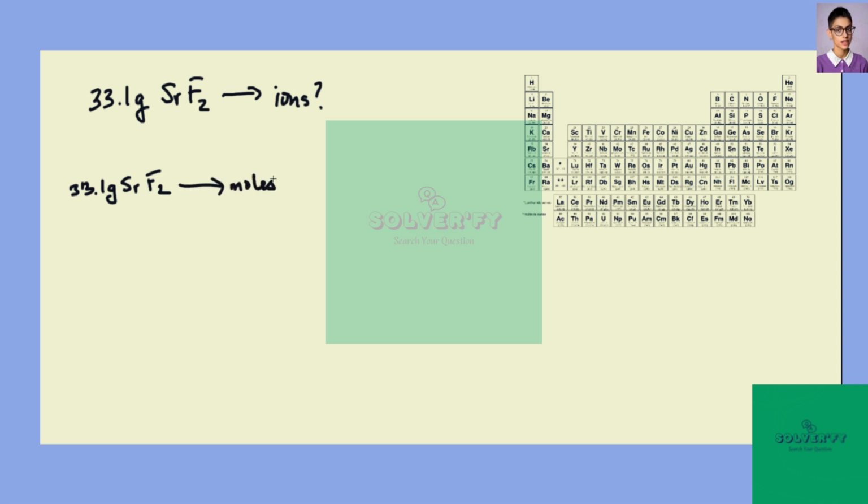And we do this by using the molar mass. And remember, the molar mass is found by using the atomic number of the different elements found on the periodic table.